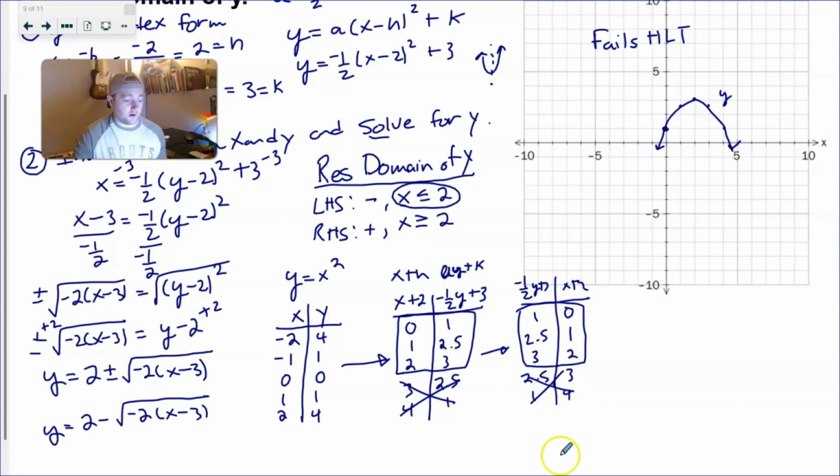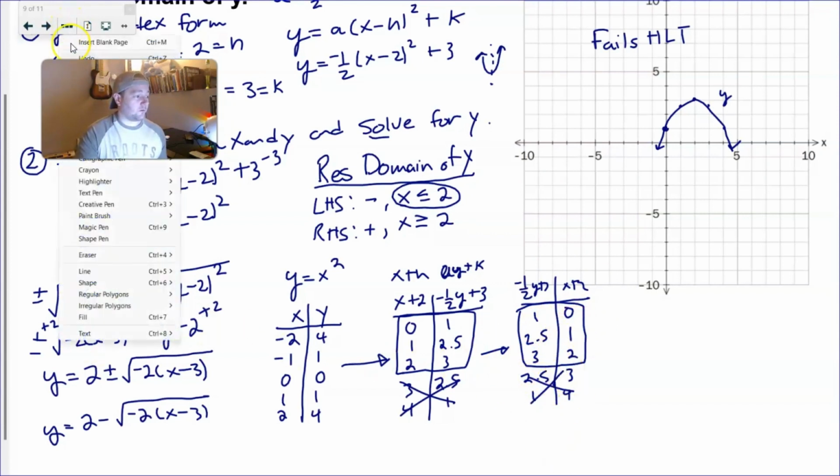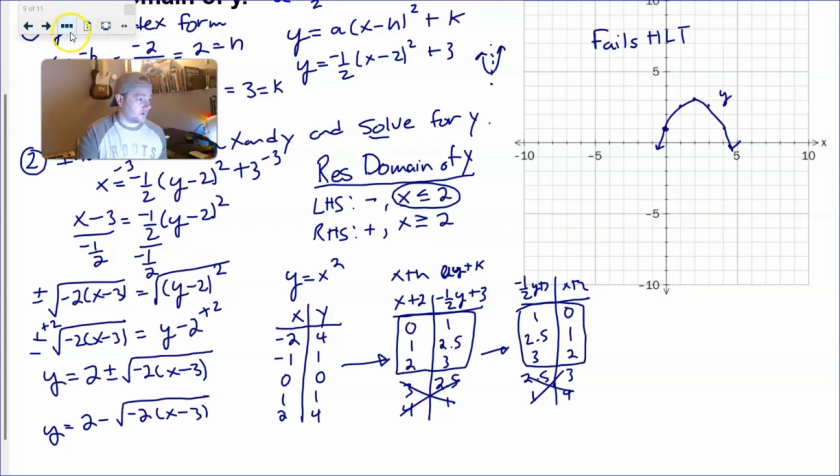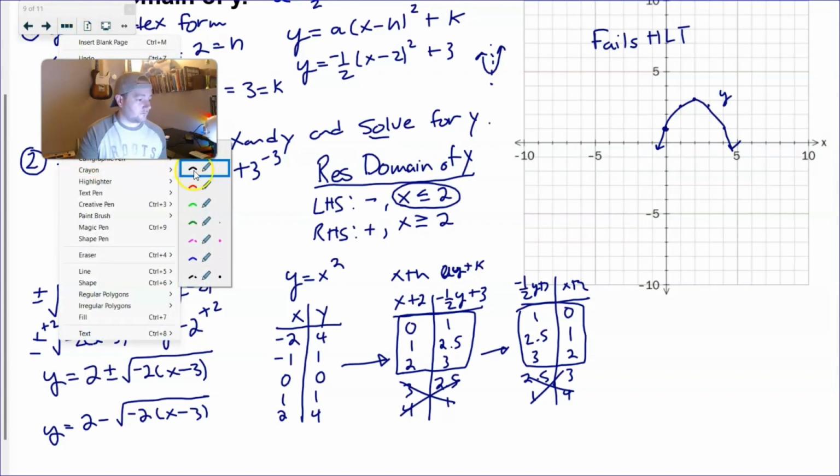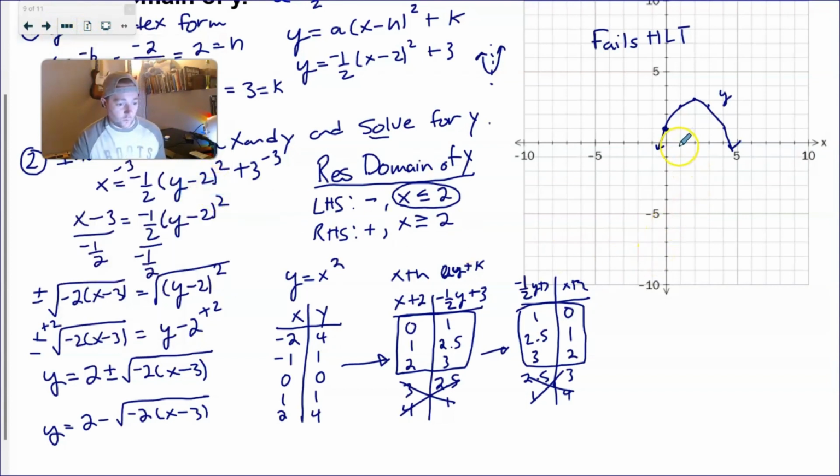And these are gone. So we can go ahead now and plot that little table with the top 3 points to get our inverse function. So 1 and 0, there it is.